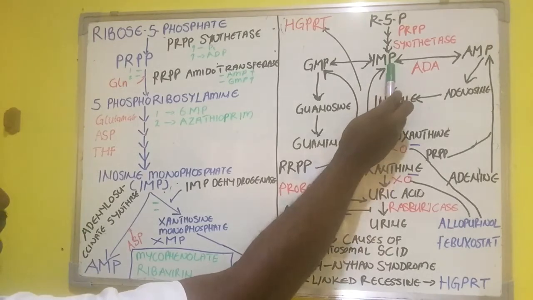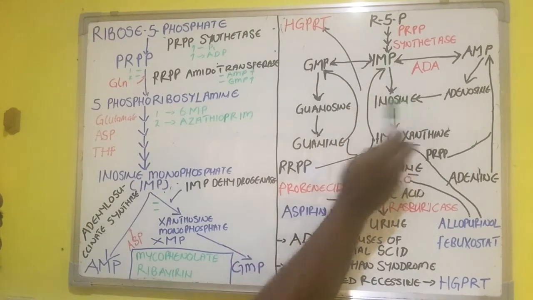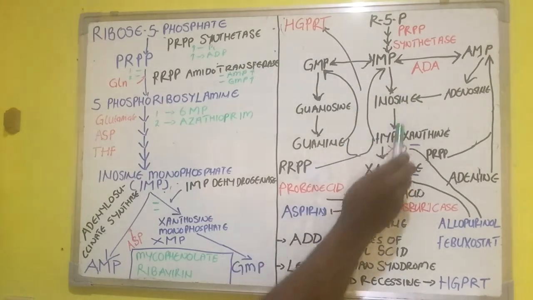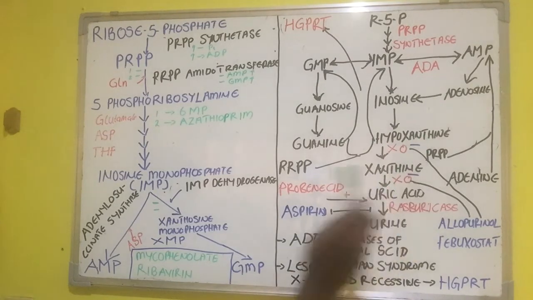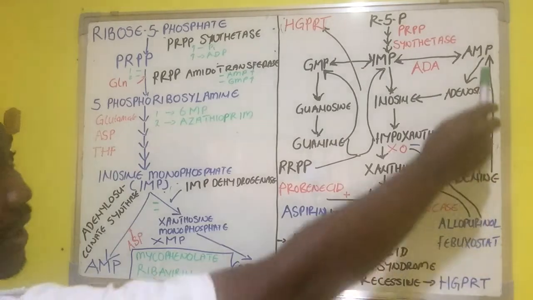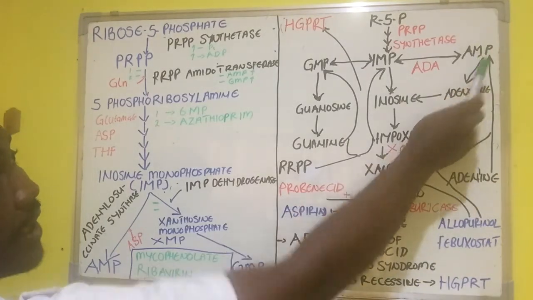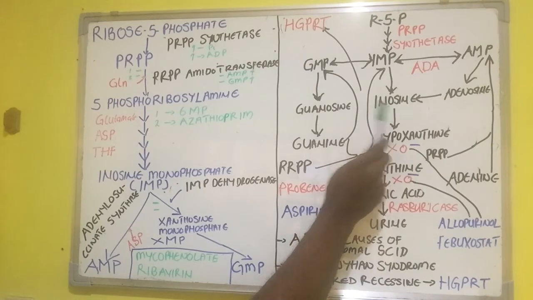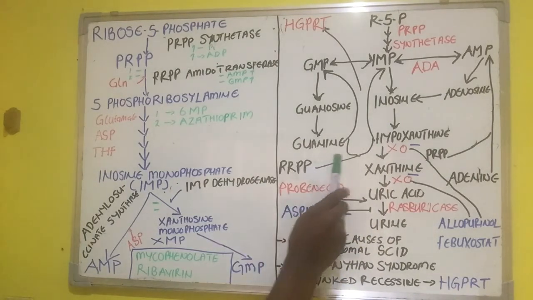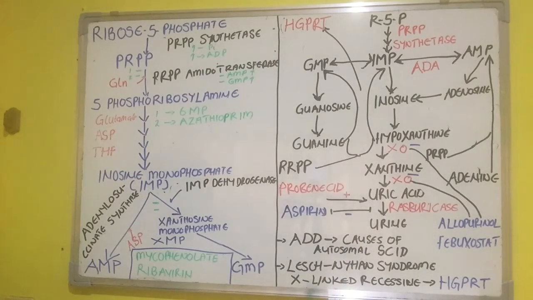Then on this other side, IMP will be converted to inosine, then inosine to hypoxanthine, then hypoxanthine to xanthine. AMP will be converted to adenosine, and adenosine will be converted to inosine. So that's how it operates. Then from here, xanthine to uric acid, and uric acid to urine.